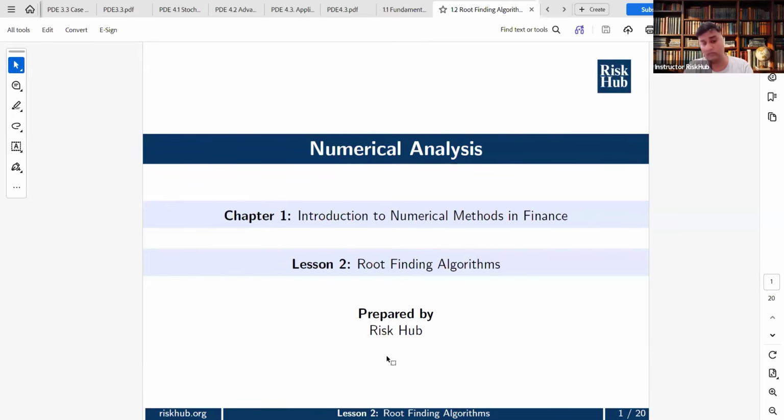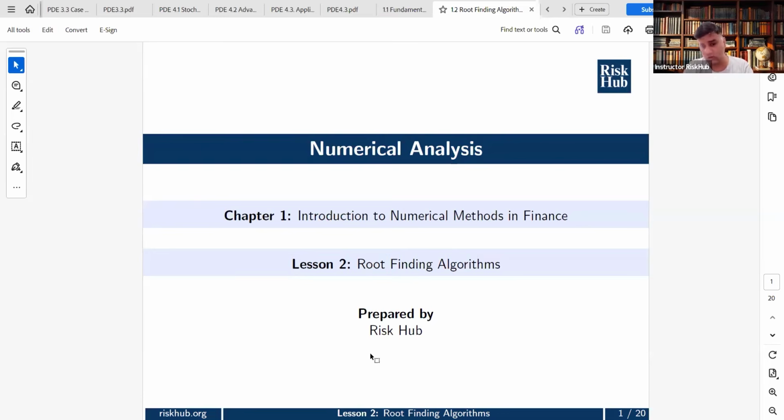Now we are starting with one of the most basic and simplest methods, root finding algorithms. But there is increased dependency on approximations and algorithms so that we are able to solve difficult quant finance applications which don't have a closed form solution.